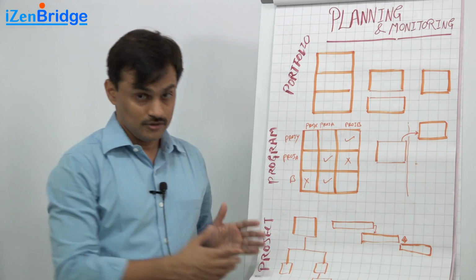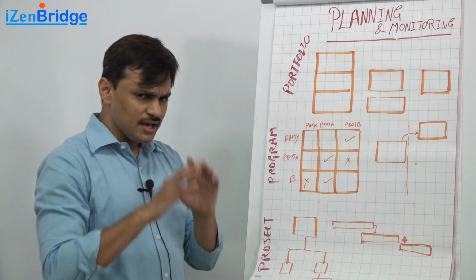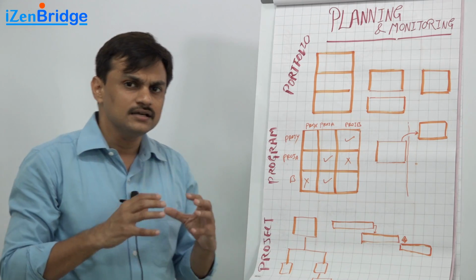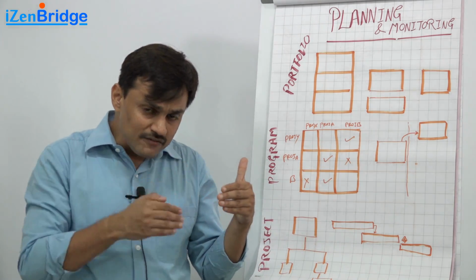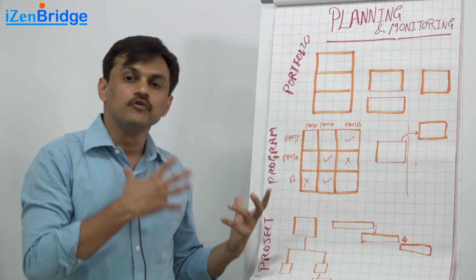As I said, we are going to spend a lot of time in project level planning and monitoring. At a simple level, we can think of, when we come to a project level, we start getting things done. We start breaking things down to a level where people can pick them up and start working on them. So we call it a work breakdown structure.